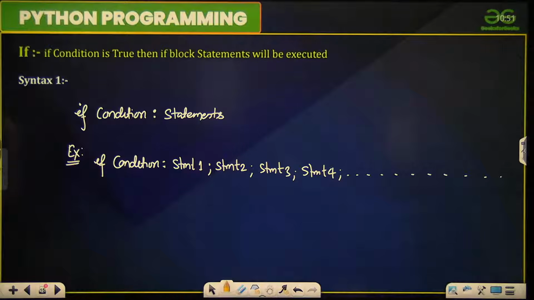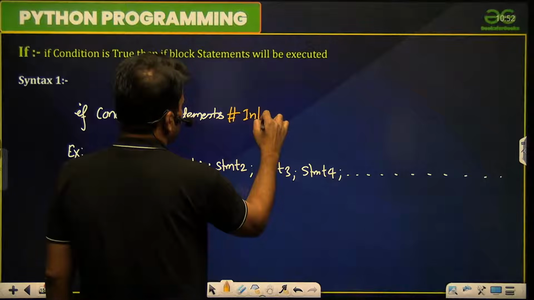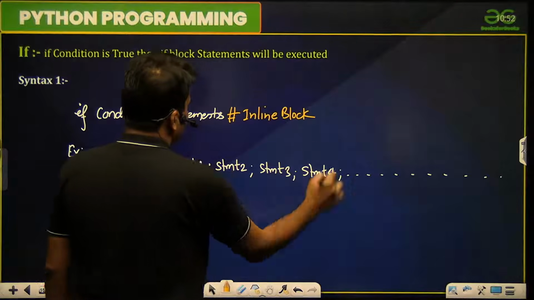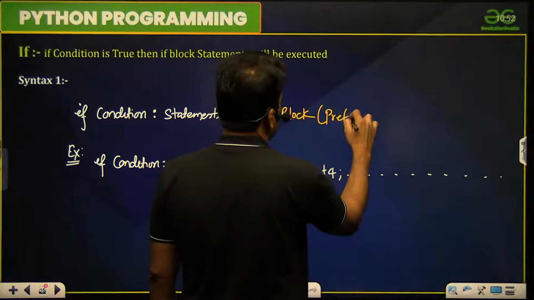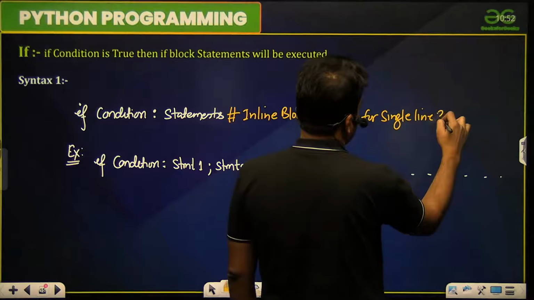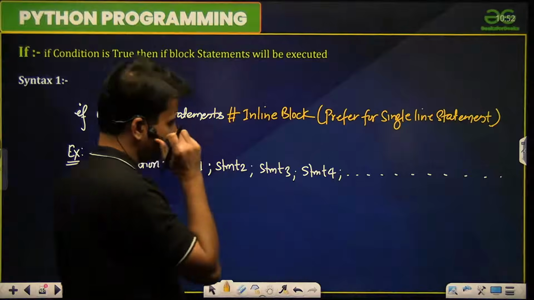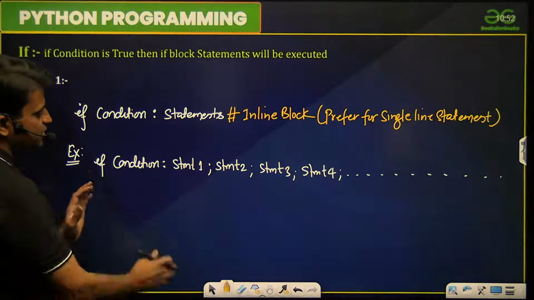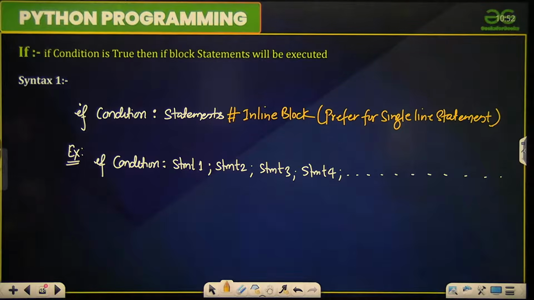This is called an inline block, preferred for a single line statement. Otherwise, with multiple statements, it is not human readable. Horizontal scrolling is not good practice. So then use another syntax.